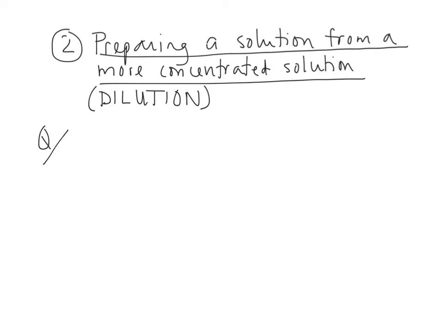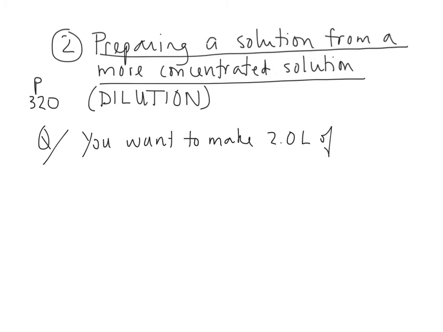So here's the question that we're going to look at. And this is one right from your textbook. So if you want to look later, not right now, at page 320, I'm going to use the exact same question. So you can look at it afterwards if this is not enough. So the question is, your teacher, that's me, let's say you want to make 2 liters of a 0.10 mole per liter solution of sulfuric acid, H2SO4.